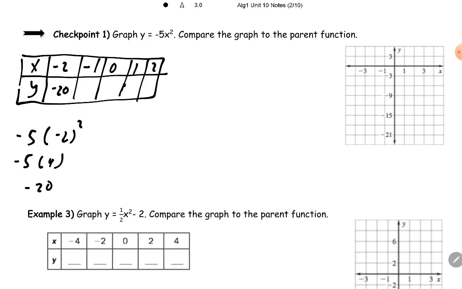So the good thing about this is I have negative 20 here, so I can make this negative 20 as well. Okay, and then if I plug in negative 1, I'll get negative 5 times 1, which is negative 5. So this is negative 5. And then 0 is 0.